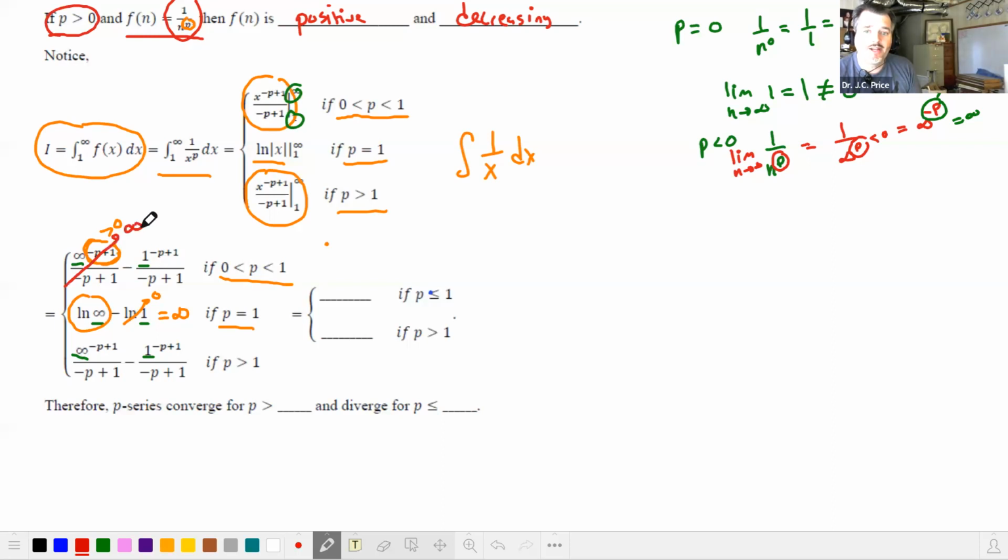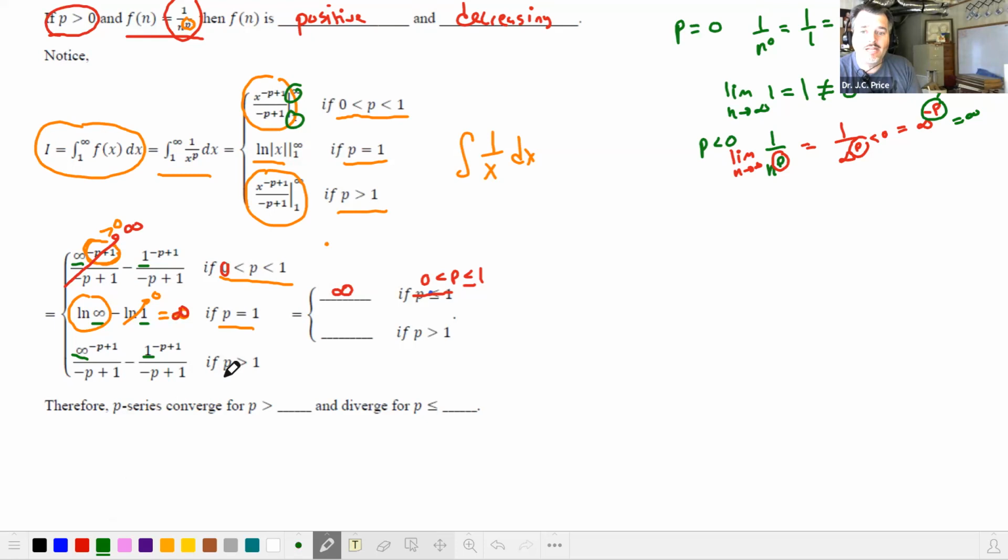So you get infinity minus some number, which is just infinity. So here I should actually write 0 is less than p is less than 1, because we already took care of all the negative values. That was a typo on my part. So when p is between 0 and 1 or equal to 1, you get infinity in both of these cases.